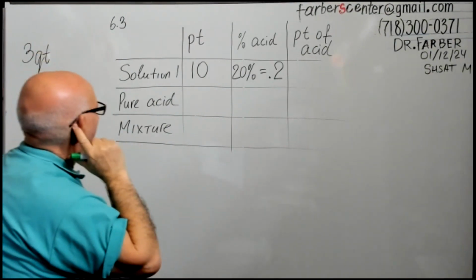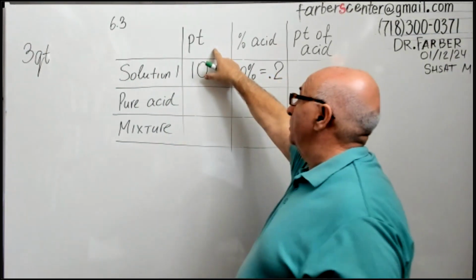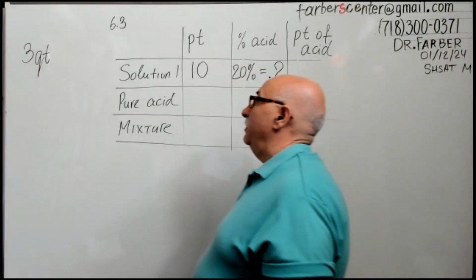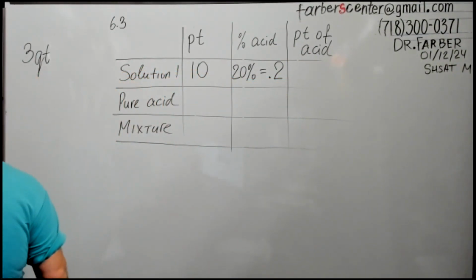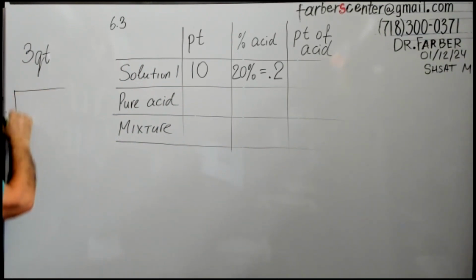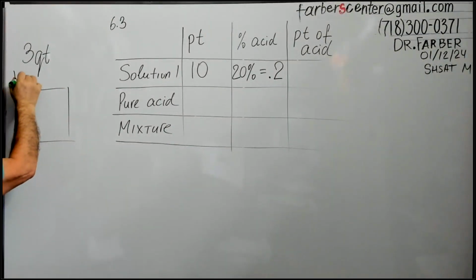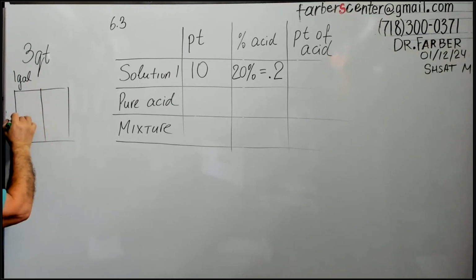Look at this. I can't put 3 quarts here because it's in pints. You know how to memorize all this stuff easily. I put here some for memorization. Pretend you have 1 gallon, which you do in 4th grade. And I split by 4 quarts.